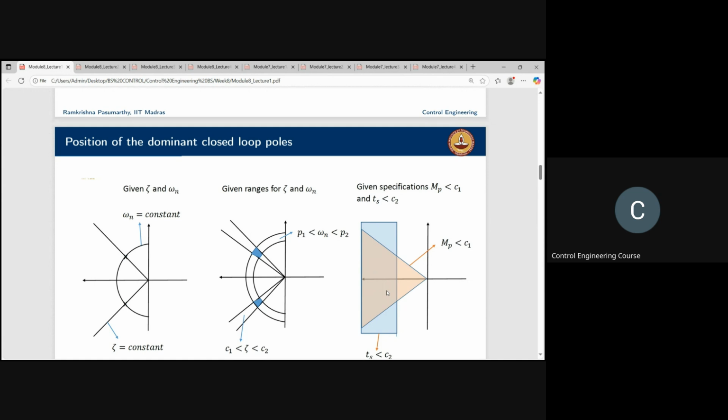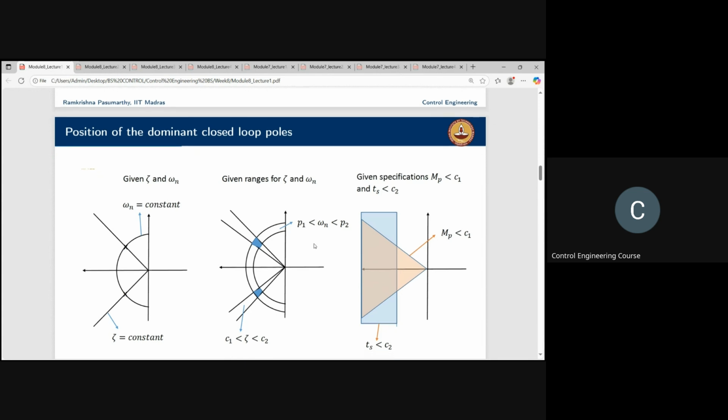So the thing is, based on the time response specifications that you have, you first translate them into the allowed pole locations. If somebody tells you the settling time should be between this and this, and zeta should be between this and this, it will be the intersection of these two regions.